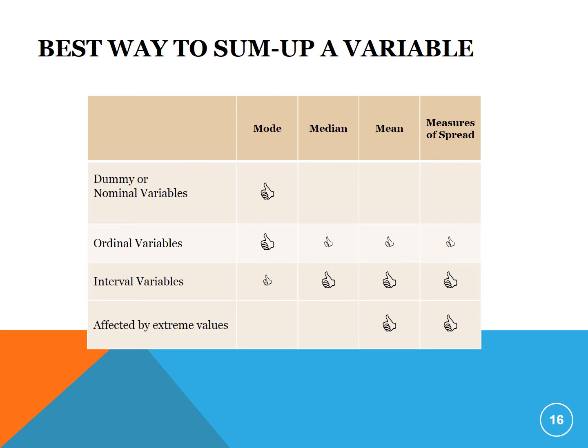A mode obviously wouldn't be affected by an extreme value, because even if the value is 93 years old, if there aren't more than one 93-year-olds, why would that matter for the mode? So take a look at this chart and feel free to reference it moving forward.